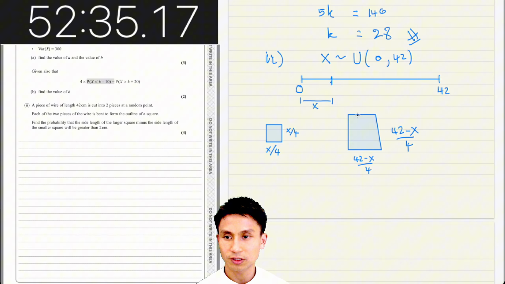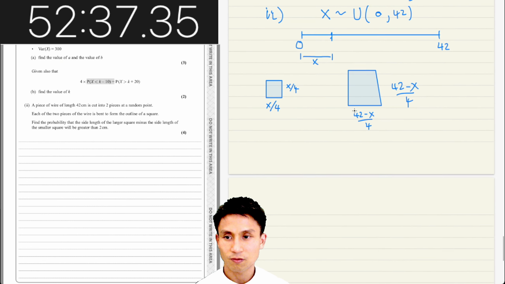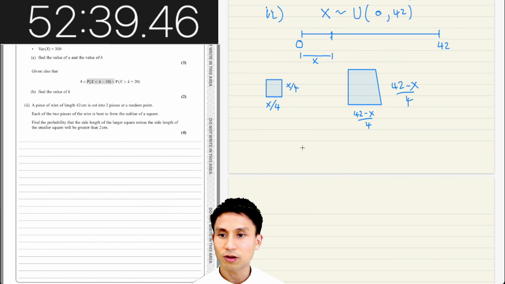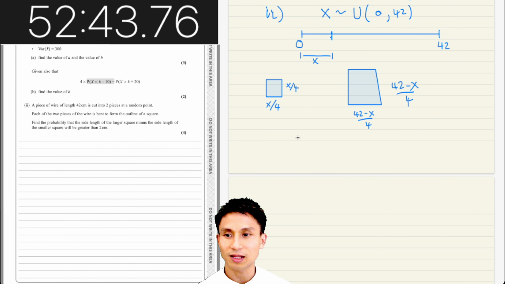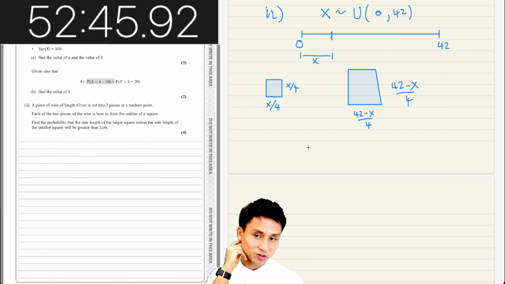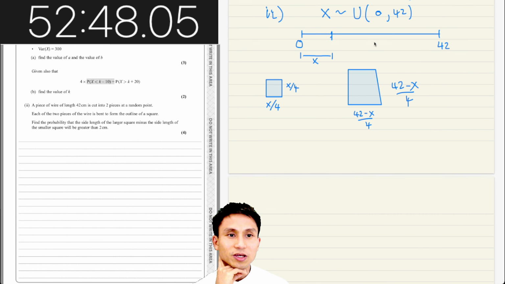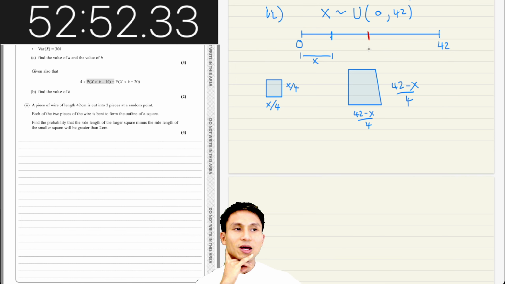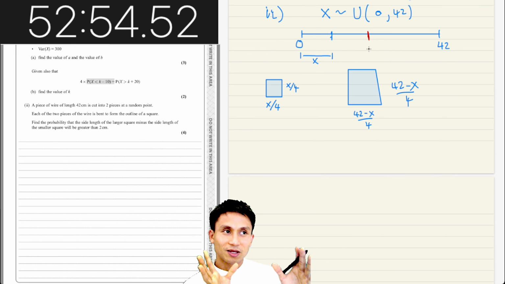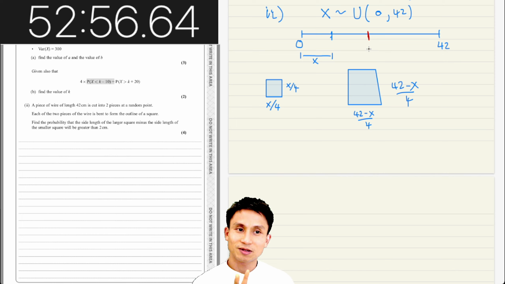Let me just read the question again. Right, so we want the side length of the larger square minus the side length of the smaller square to be greater than 2. Be careful here, guys. We have a mirror image because if you cut beyond the midpoint, you get the same effect, right?